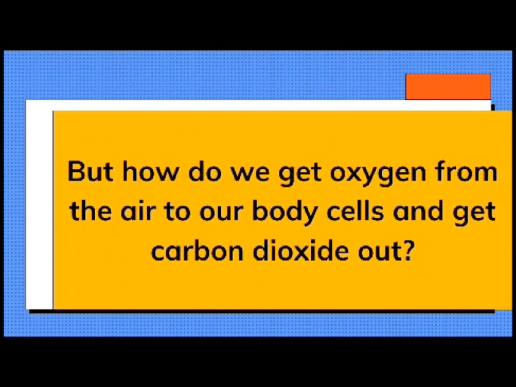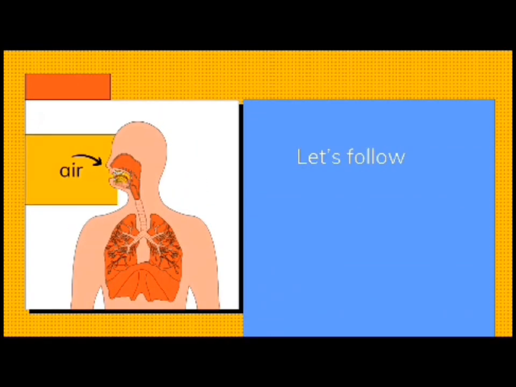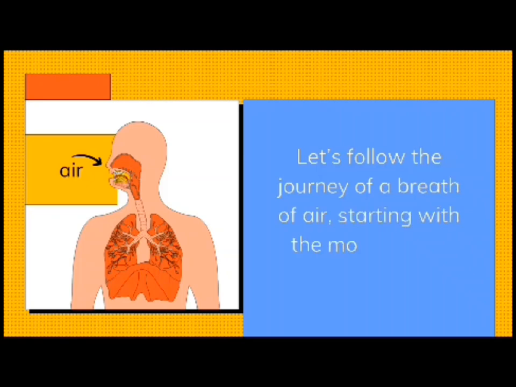Then the matter is, how do we get oxygen from the air to our body cells and get carbon dioxide out? Let's see how we get oxygen. Let us follow the journey of a breath of air, starting with the moment you inhale.